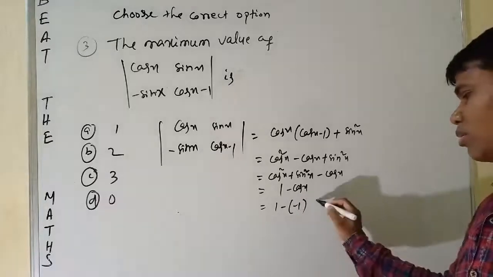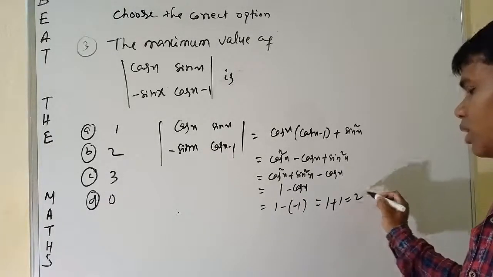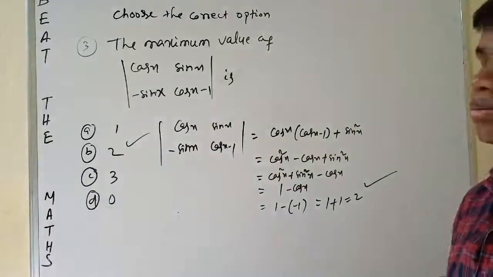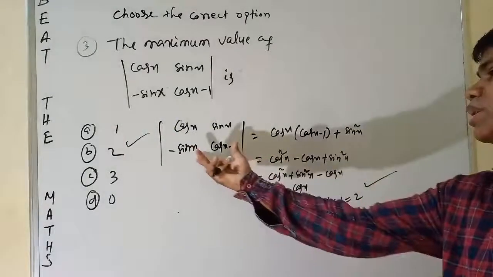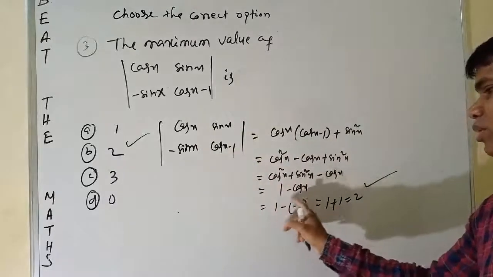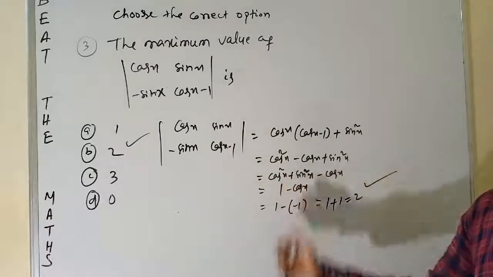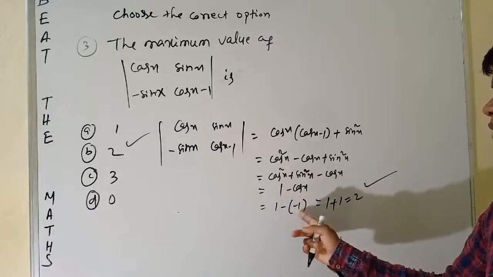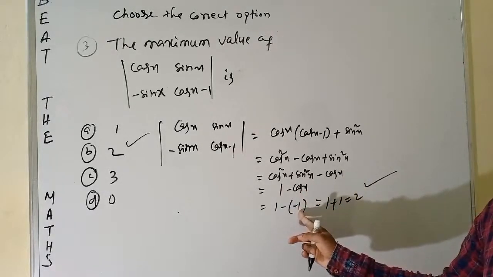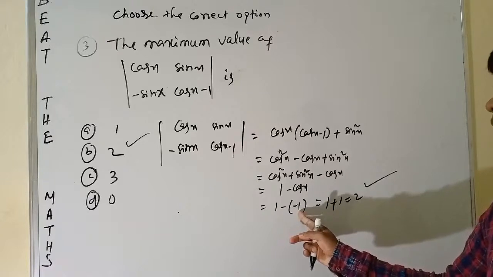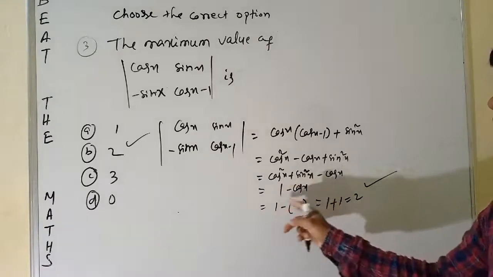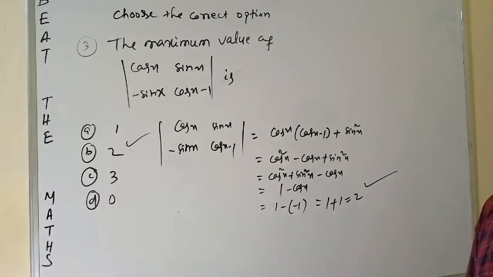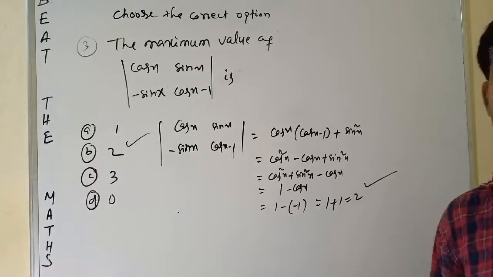It becomes 1 plus 1 equals 2. Maximum value of cos x is 1, but we put -1 because we need the entire maximum value. Minus minus becomes plus, 1 plus 1 is equal to 2. So the correct option is B.